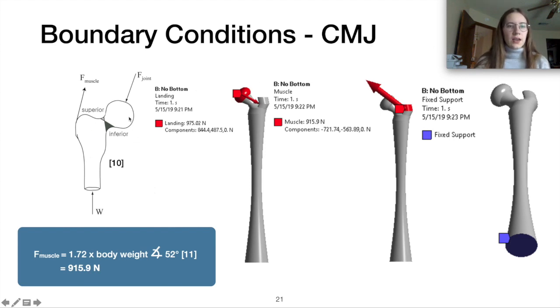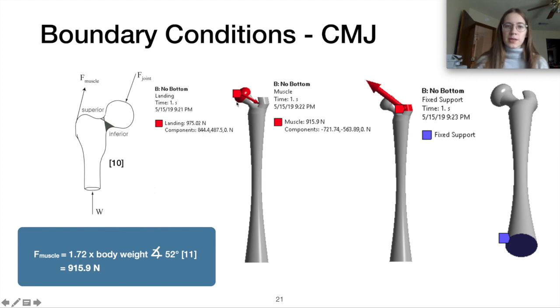Here's a free body diagram of a femoral head, and you see that you have the force of the joint, the weight, and a muscle is also acting. So in my case, at the bottom I put the support, so I wanted to see what's happening up at the top. And we have here the landing. This is the landing, right? So this is 975, which is half of the experimental data.